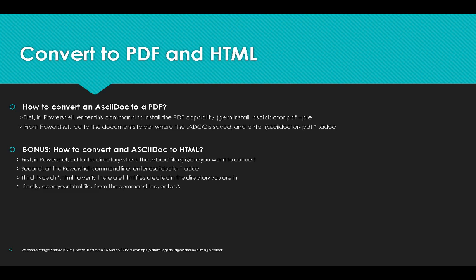Now the instructions that I followed used --pre because at the time of the video resources I found that gave me this solution, that capability was in pre-production. You can do this, I've tried it, it works, but you may also want to consider trying gem install asciidoctor-pdf and see if that works, because I would imagine it may not be in pre-production any longer.